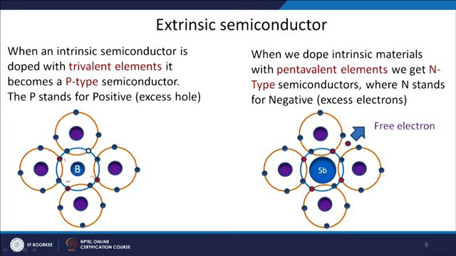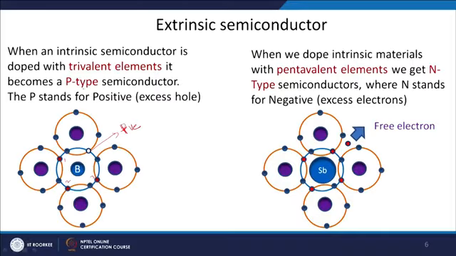But now the boron's 3 electrons will be shared by 3 silicon atoms, but the 4th silicon atom has no electron to share with. So, it only has a hole present here, okay. With addition of each boron atom you will have 1 additional hole present here.